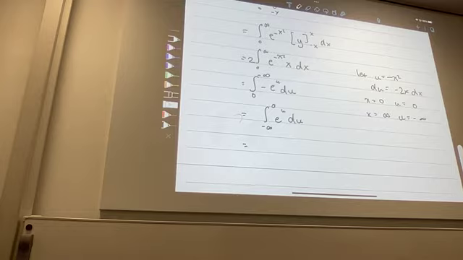Pure integral of e to the u. So we've got e to the u, which is e to the 0 minus e to the minus infinity. e to the 0 is 1, e to the minus infinity is 0. Yay! So this one converges.